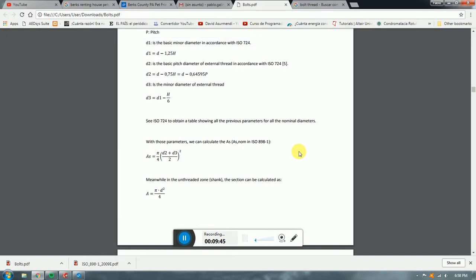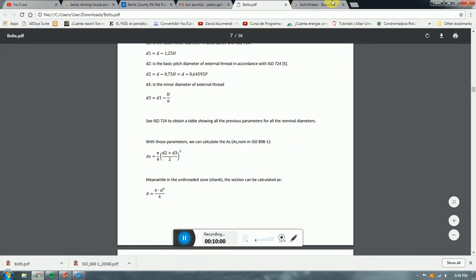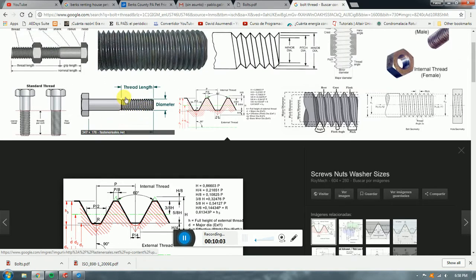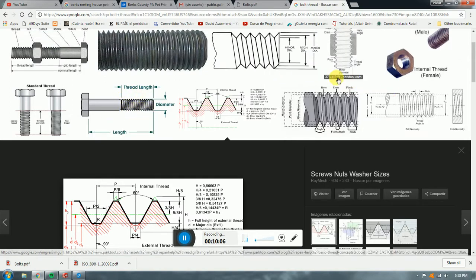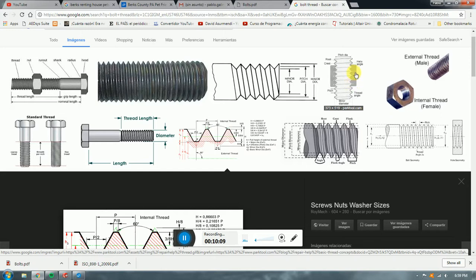Because a bolt is designed to fail first in the threaded area or zone. Okay, it is designed for that. When you have a bolt like this, for example, and you have a nut here, the nut is going to cover some of the threads, as we can see here. Not all of the threads are going to be loaded with the same force. The distribution is not going to be equal. The first one is going to be loaded higher than the second one, this one more than the third one, and so on.